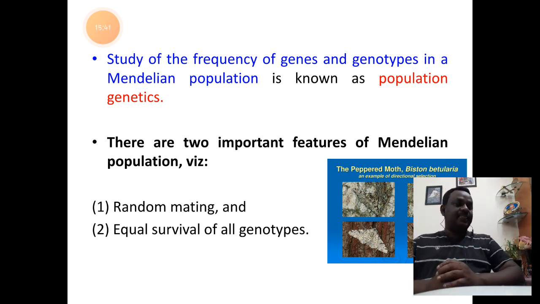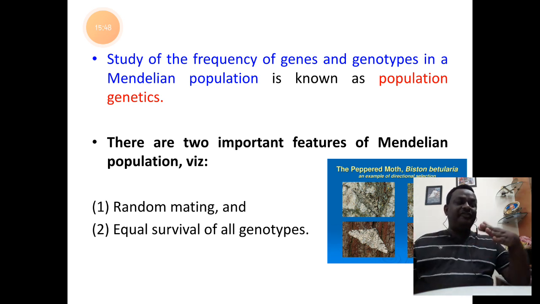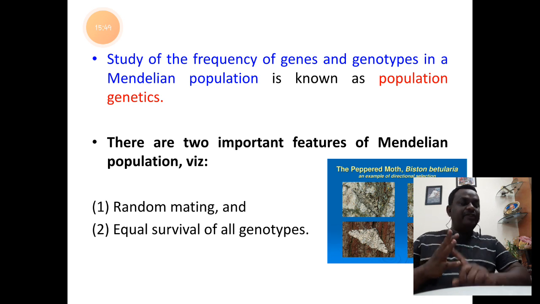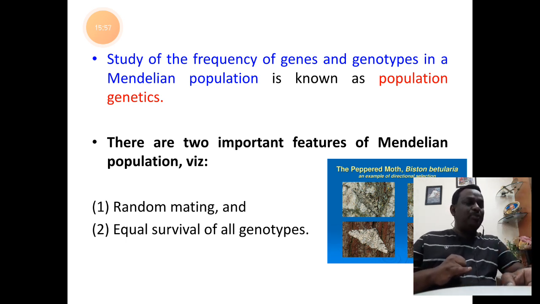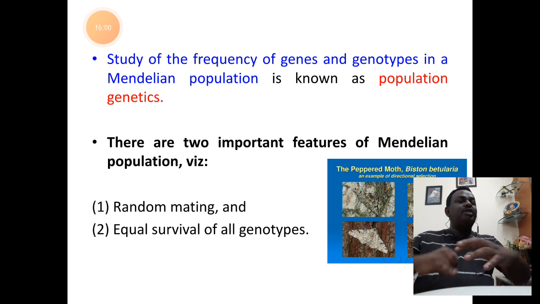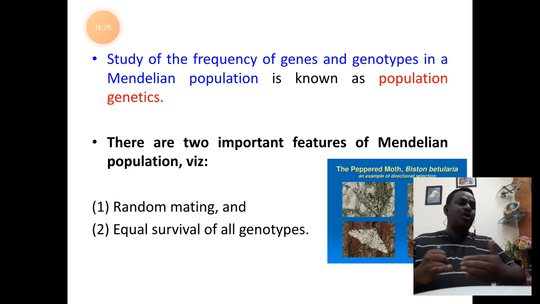When we say Mendelian population, it has two features. The individuals of the population should mate randomly. So these are conditional concepts. When I say Mendelian population, it refers to the population which mates randomly. So by chance, the randomness of mating is selected.